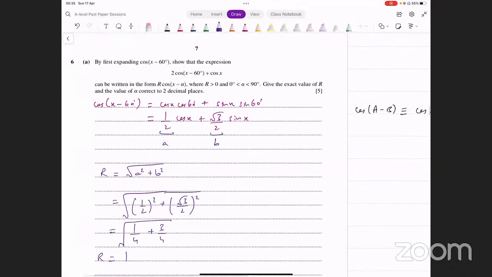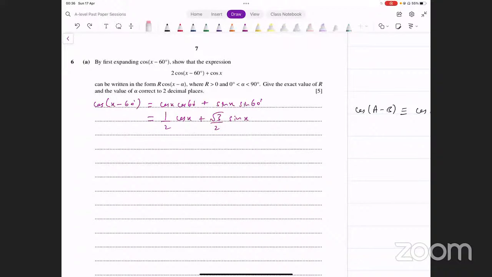Okay, so I'm doing something wrong here because उसने क्या कहा था? उसने actually कहा था कि आपको इसको नहीं convert करना, आपको इस चीज को convert करना, right? So मैंने वो चीज convert नहीं की पहले. So we're not converting this thing to r cos x minus alpha. We have to convert this thing to r cos x minus alpha, right? So this is not what we're supposed to do here.